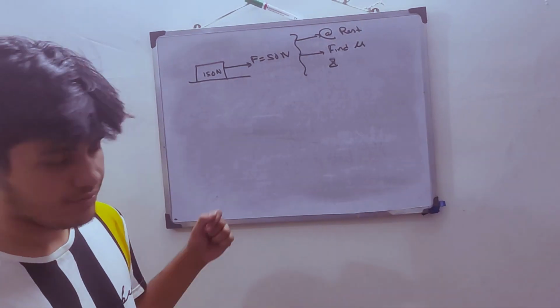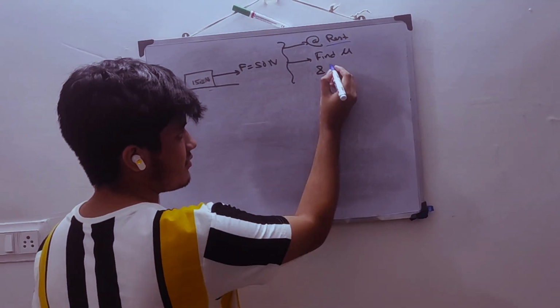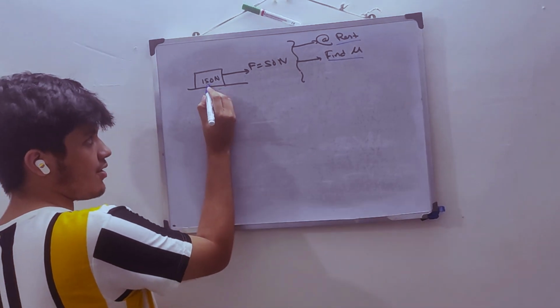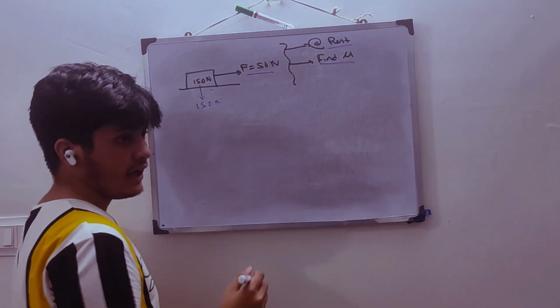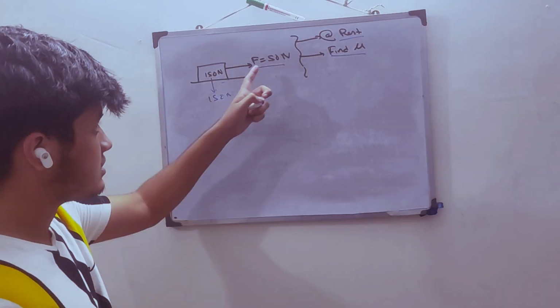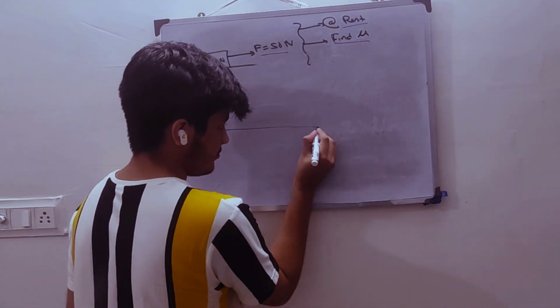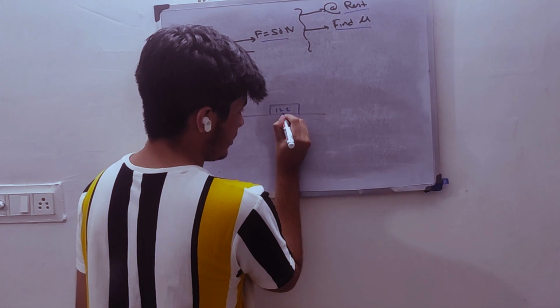So you can see this question. Here the body is at rest, and we have to find the coefficient of friction. As you can see, the weight of the body is given as 150 Newton, and a force is applied in the right horizontal direction, that is 50 Newton. So let's draw the free body diagram of the body. I have already discussed what a free body diagram is.